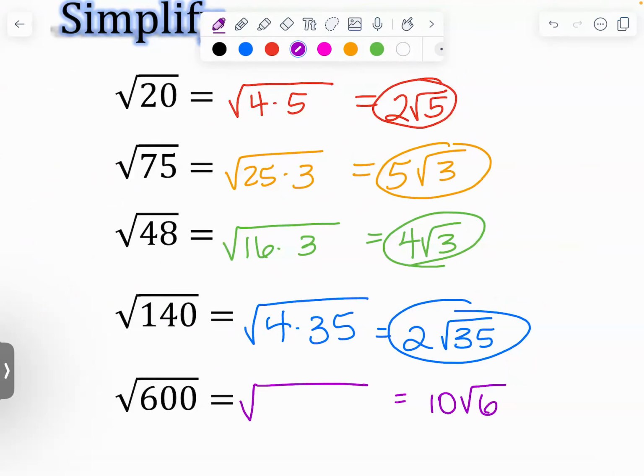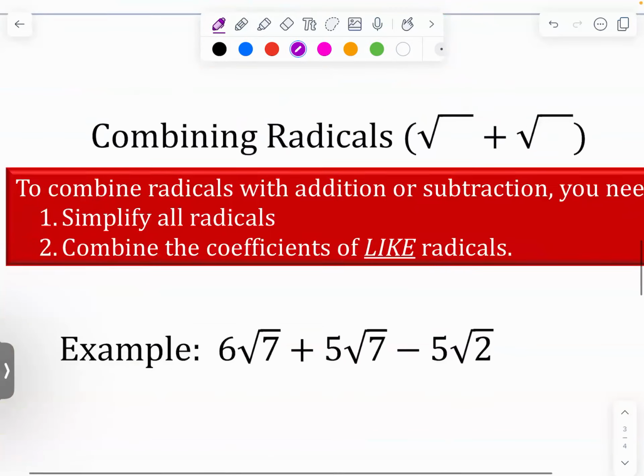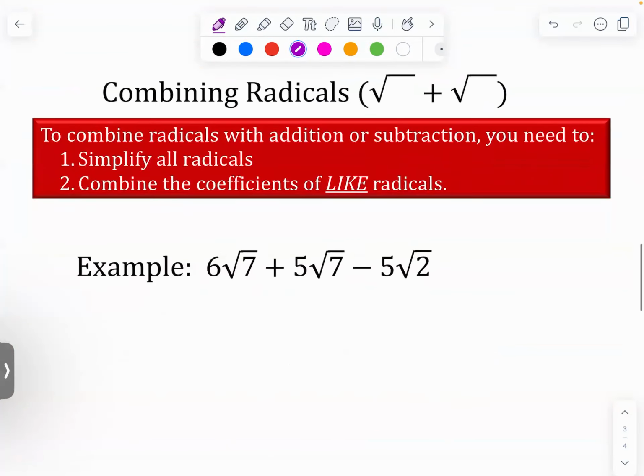So we have 100 times 6, so we have 10 square root 6. And 6 does not have a perfect square that divides into it. So yep, those are all simplified. Okay. Now, the big trick is going to come when we add and subtract.